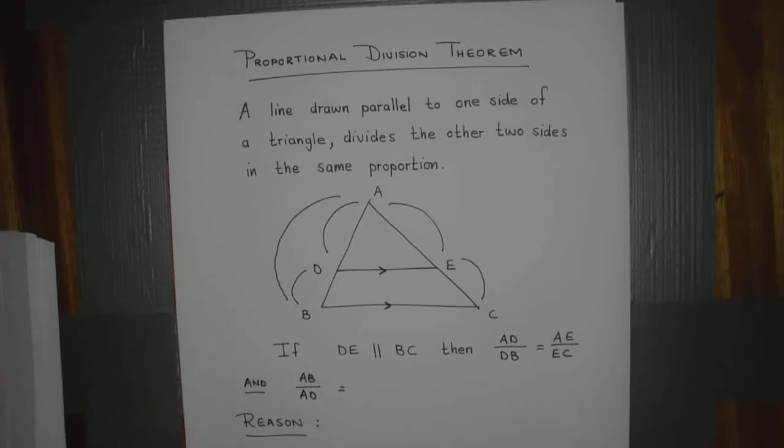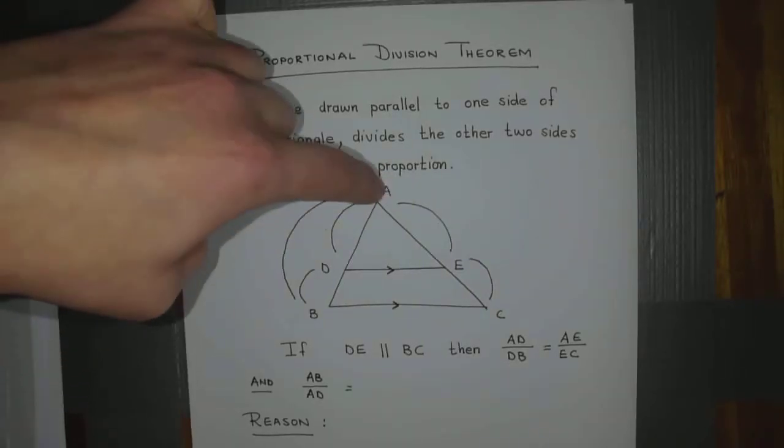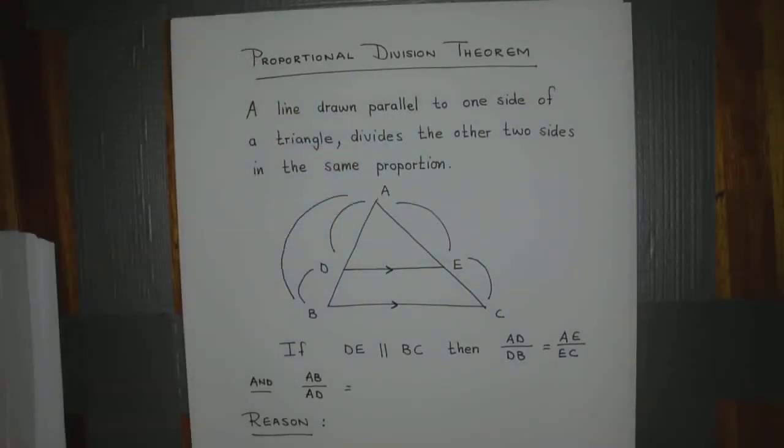So we say AB over AD, and this is the part that I call the bounce. Got it? The bounce says, I bounce from A to B, I bounce from A to D. That's my bounce. The rule just says, whatever my pattern of bounce is on the one side, it's got to be the same on the other side. So if I say AB over AD, what do I have to say on the other side?